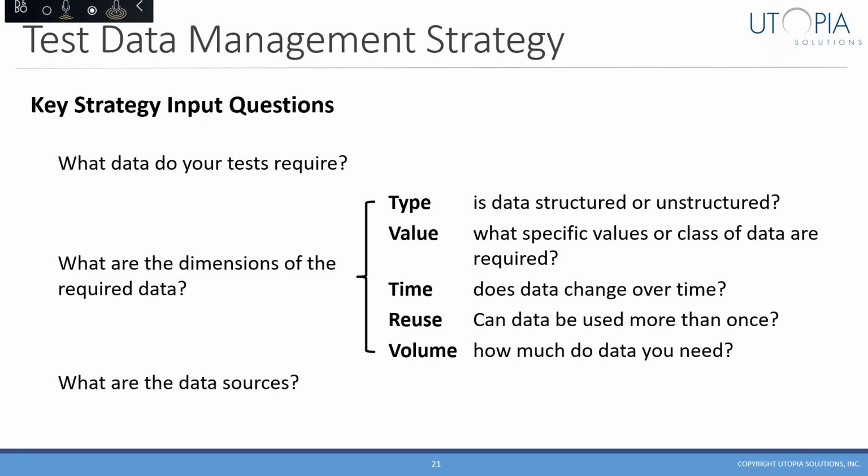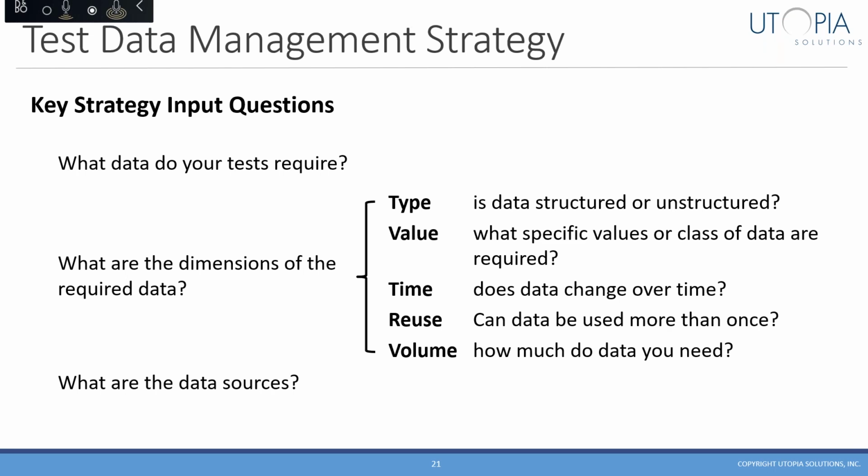But even if we didn't think about them when we created the test, we have to go back and understand what I call the dimensions of that data. And these are just essentially the attributes of the data that describe how it lives and behaves in the system under test. So these are some key input questions you need to ask yourself to begin to gather the information you need to develop a test data management strategy.